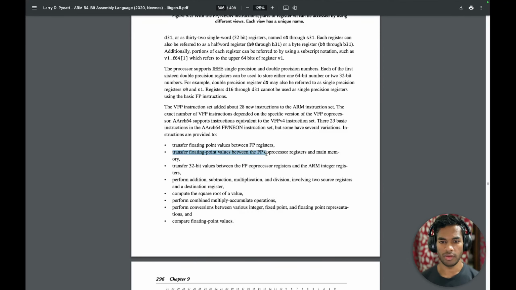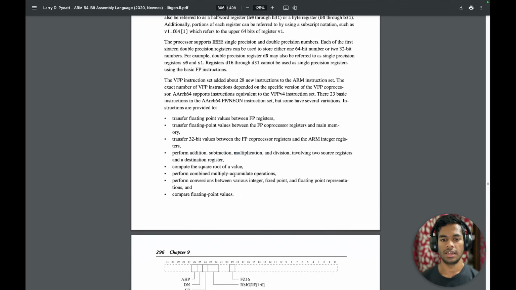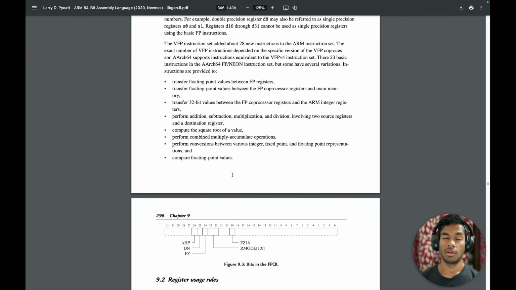Transfer floating point values between FP coprocessor registers and main memory. Transfer 32-bit values between the FP coprocessor registers and the ARM integer registers. Perform addition, subtraction, multiplication, and division involving two source registers and a destination register. Compute the square root of a value. That is crazy, that I can do that.